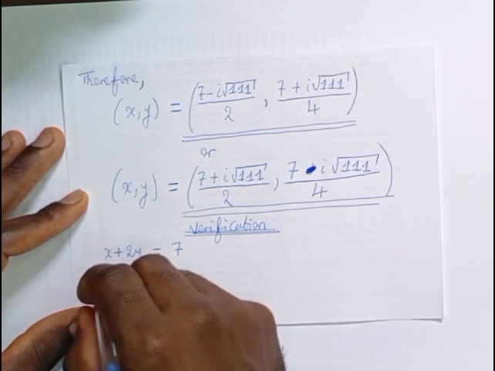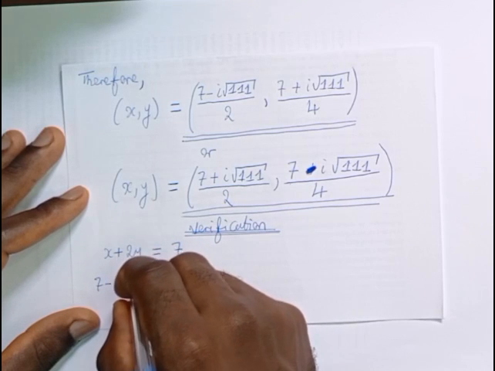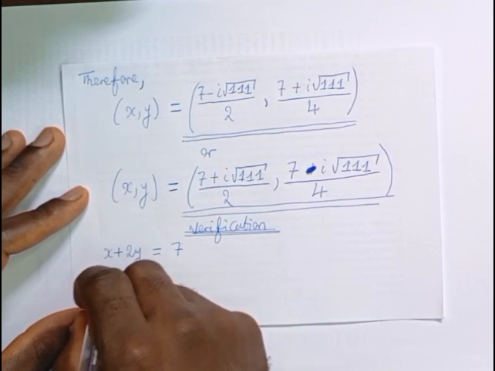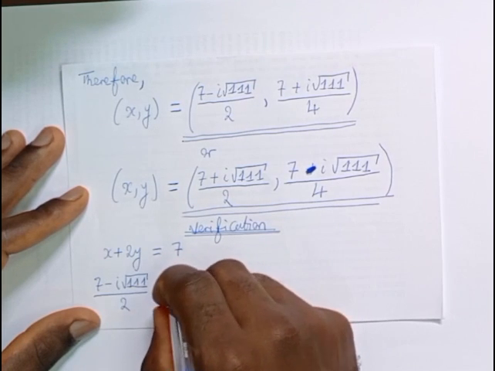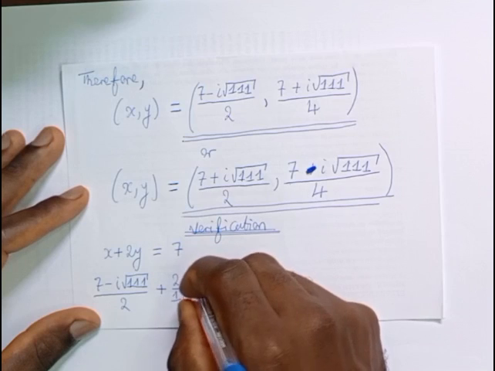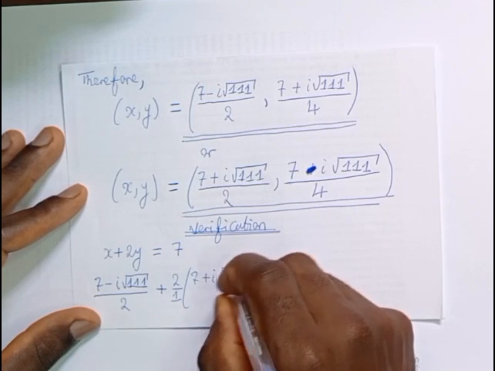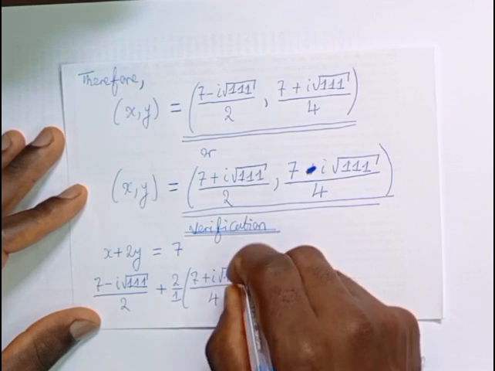This will give us (7 minus i root 111) all over 2 plus 2, which can be expressed as 2 over 1, times the y value, which is (7 plus i root 111) all over 4.